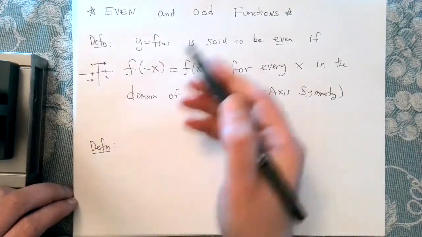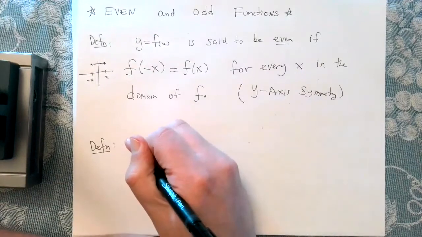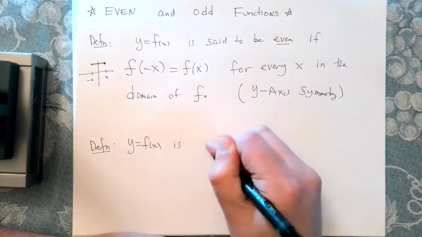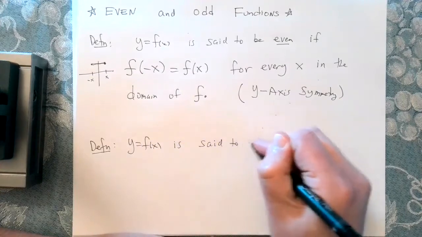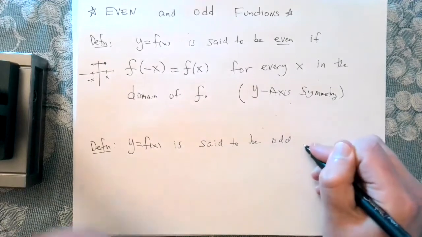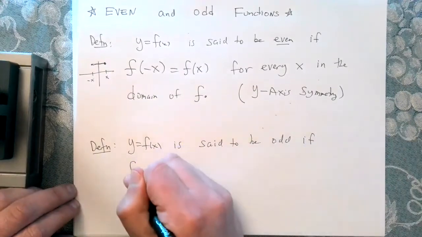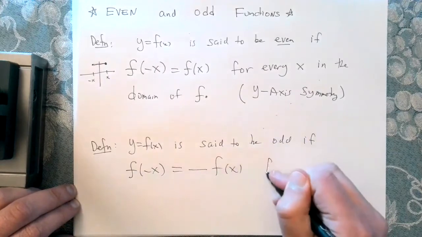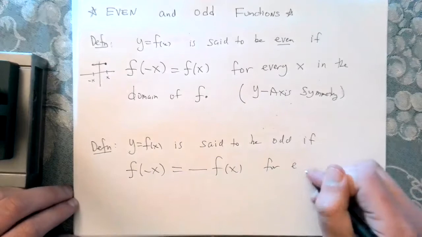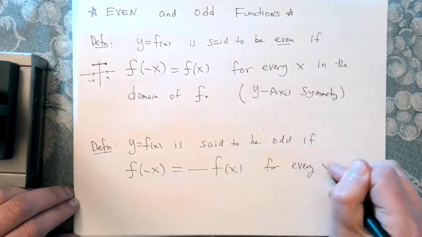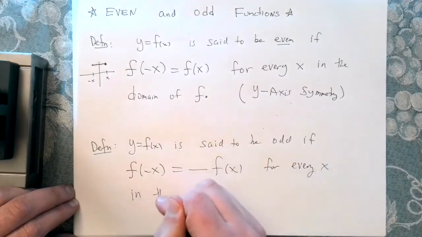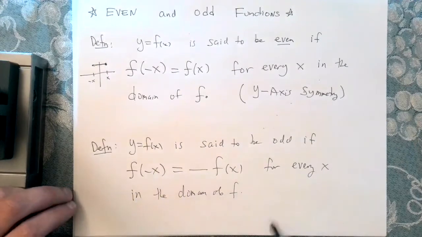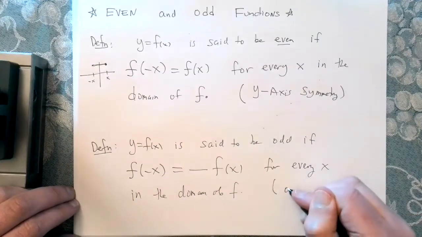Okay, so the next definition will be odd function, right? So suppose y equals f of x is a function. So y equals f of x is said to be odd if f of negative x equals negative f of x for every x in the domain of f. These functions have origin symmetry.